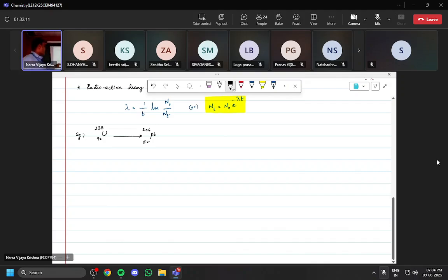Uranium 92U238 converted to lead 82Pb206. So I have considered one rock or one asteroid in which I found uranium nucleus and lead nucleus, both. I need to find what is the age of that rock. How to find the age of a rock, age of fossil fuels, age of an artifact? How to find it?